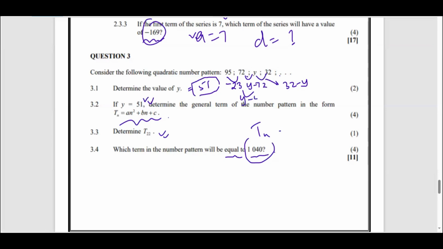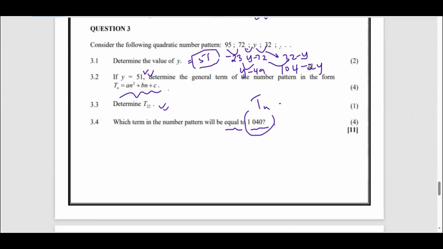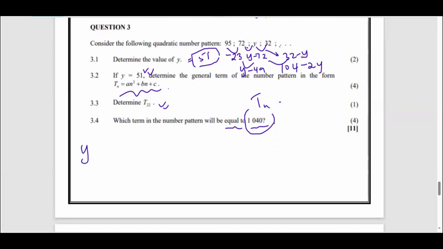Okay, so y minus 49. And then here, this minus that. So 32 plus 72 gives us 104 minus 2y. And then I'll equate those two. So we're saying y minus 49 is equal to 104 minus 2y.